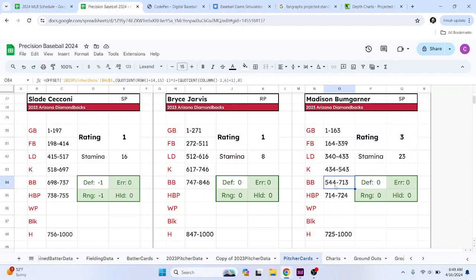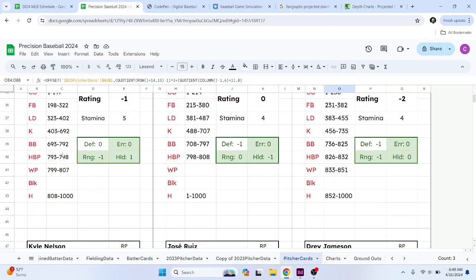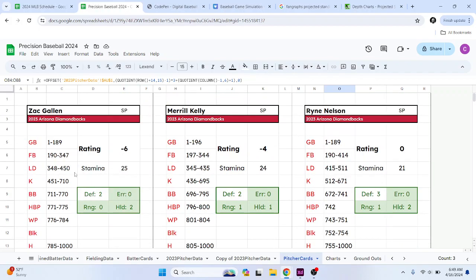You can see walks or good things start happening at 544, which is getting closer to zero. So about 46% of the time, 45% of the time, a good thing is going to happen against Madison Bumgarner. Something good for the hitter and not for the pitcher. So against Zach Gallen, that number is significantly less. It's at 29%.